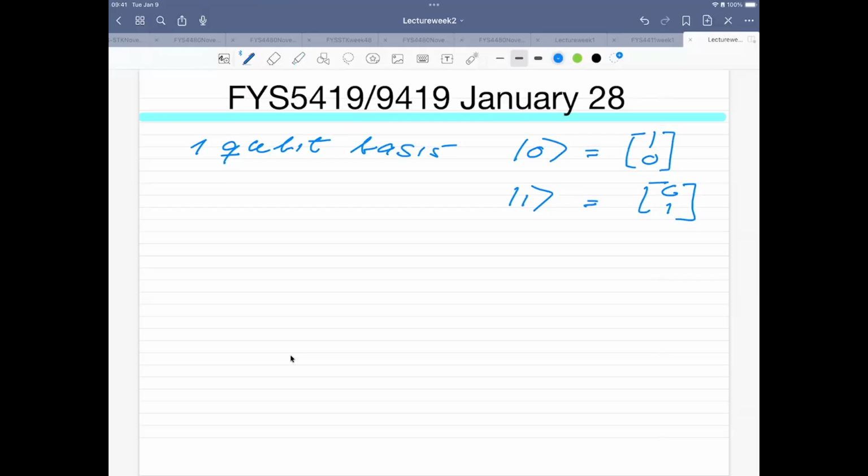And then we know that we can make states which are a linear combination of that. And I'm going to stick to the Dirac bracket notation. And when we have an orthogonal basis, we can always expand a state in that basis.